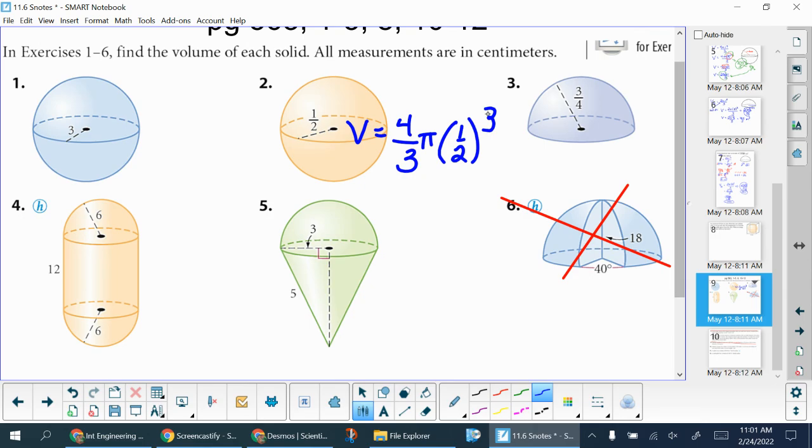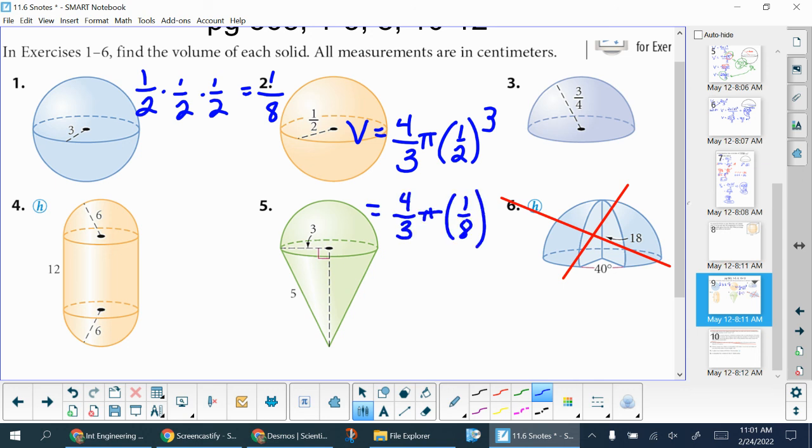Well, when we take a half cubed, we're taking a half times a half times a half. Multiplying across the top gives us 1. 2 times 2 times 2 is 8. So I get 4/3 times pi times 1/8. And I can rearrange these so it's written as 4/3 times 1/8 times pi.